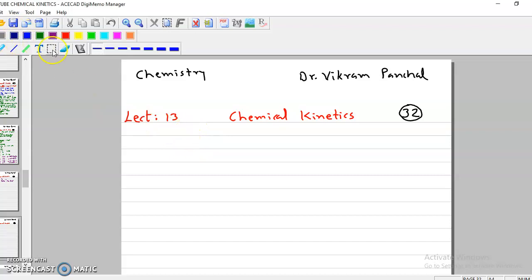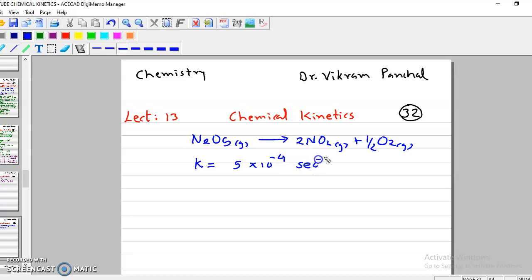So let us start. The reaction is N2O5 which decomposes to give NO2 and oxygen. Here the given rate constant is 5 into 10 raised to minus 4, and the unit is second inverse.